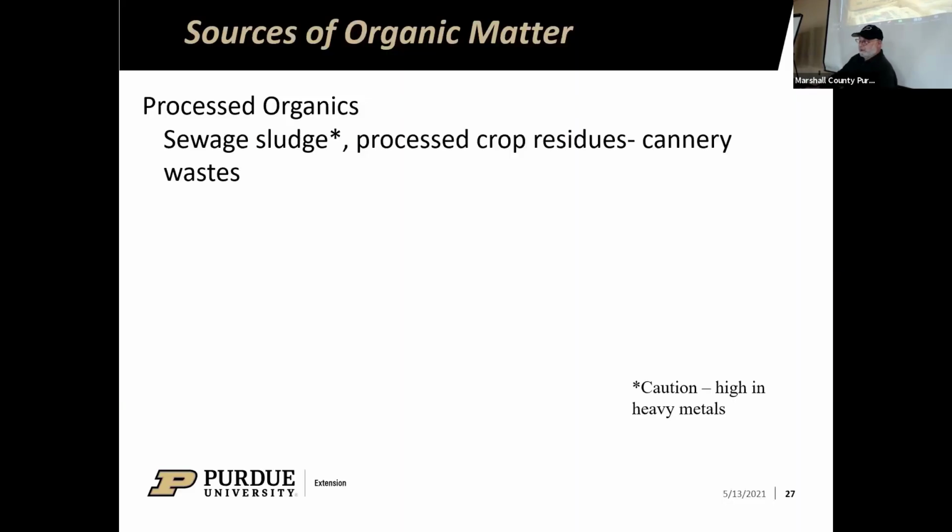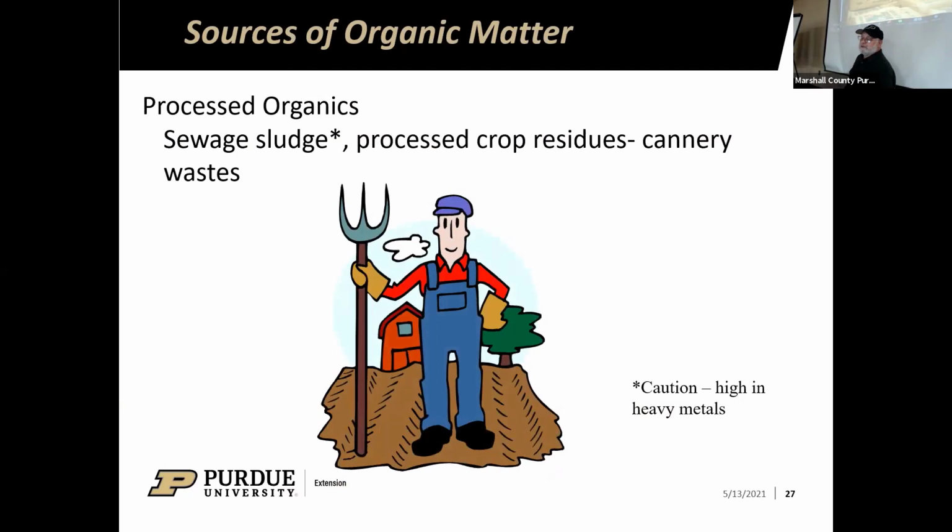You can get processed sludges. We have our local Plymouth, my mind just went blank. So we'll produce a processor of our city's waste. We'll land apply all the sludge that's produced. I've gotten phone calls where they're looking for sites to apply sludge.